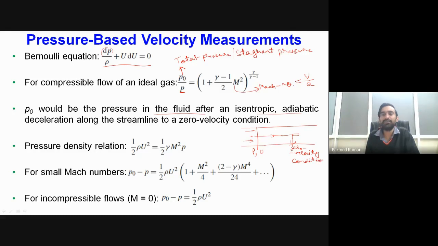Okay, so it means you can see over here, if you want to measure the total energy of the flow, particularly if I consider we are having a fluid particle, and while it was approaching towards the solid, its velocity has actually decreased, and that deceleration of the particle has taken place under the isentropic and the adiabatic conditions.